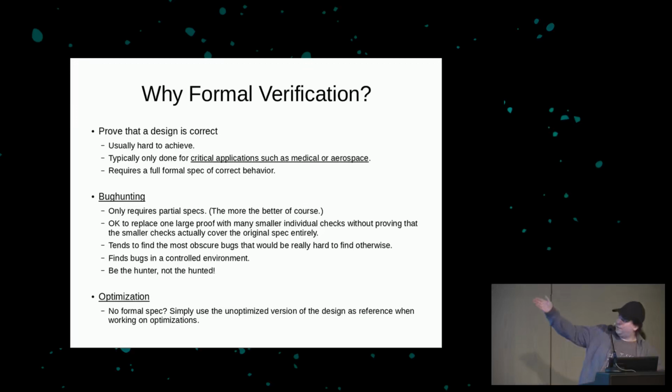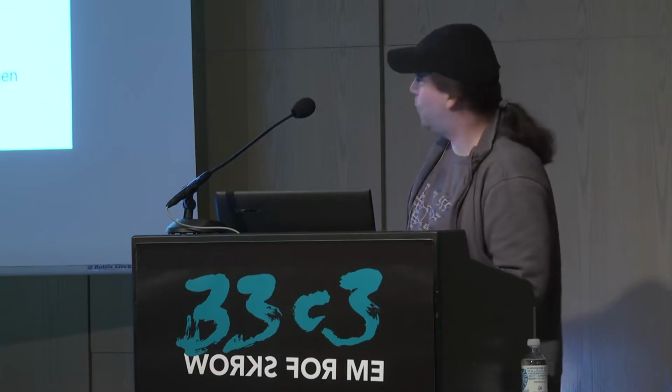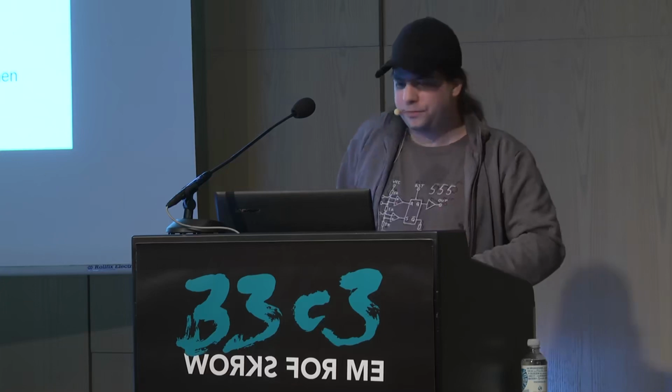So what is the difference between bug hunting and proving that the design is correct? First of all, for bug hunting, you only need a partial specification. If you have specified just some part of the circuit, you can use the formal tools to figure out if the circuit at least conforms to this partial specification. Maybe there is other stuff that is not covered, but if there is a bug somewhere within the specified domain, then you can find it.